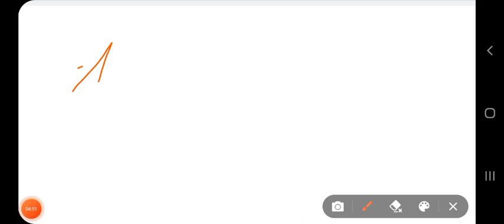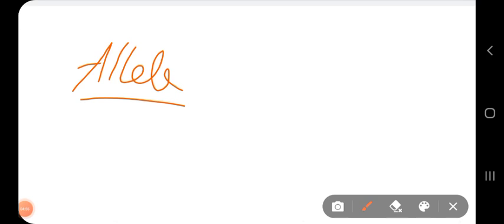So what is an allele? What is an allele? If anyone knows, you can comment in my WhatsApp group. If I say about allele, alleles are any of the different forms of a particular gene.